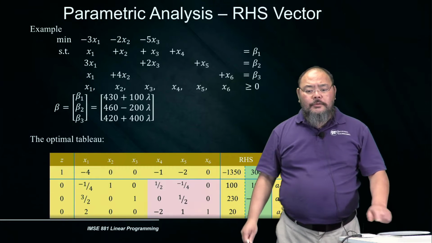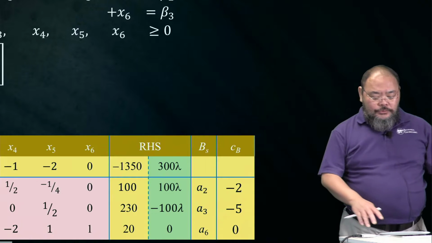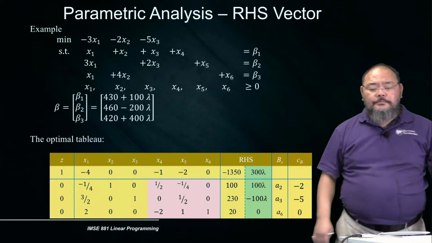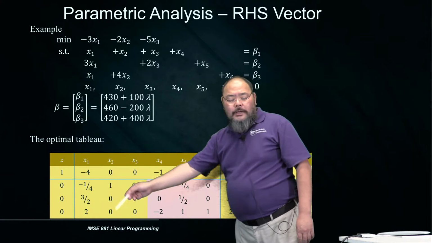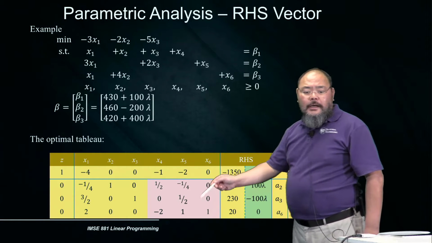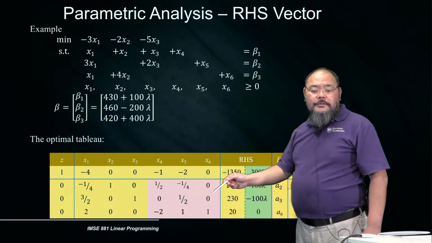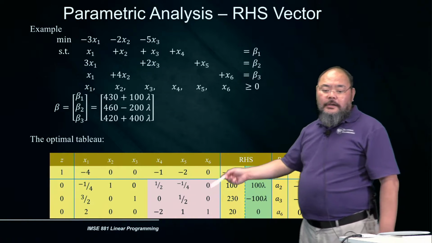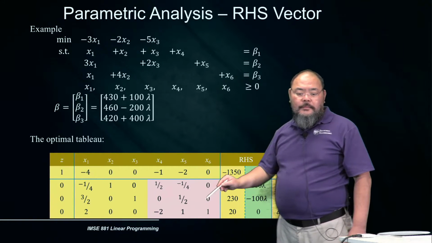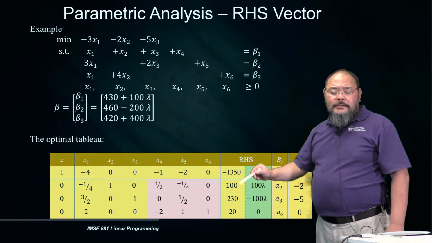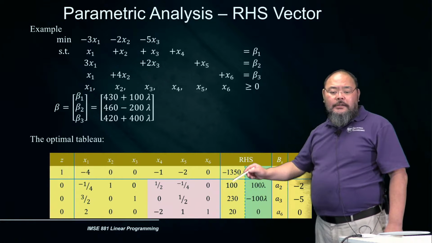Let's see how we put it into the objective function. Look at this right-hand side; I divide it into two columns. This is the original optimal tableau. The pink area is the B inverse matrix, because x4, x5 and x6 are the slack variables, so this position always holds the B inverse matrix. This is the current solution, 100, 230, and 20.